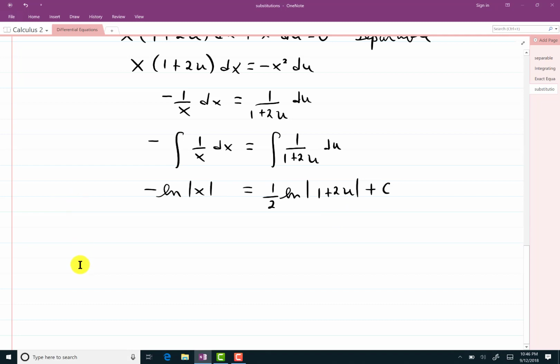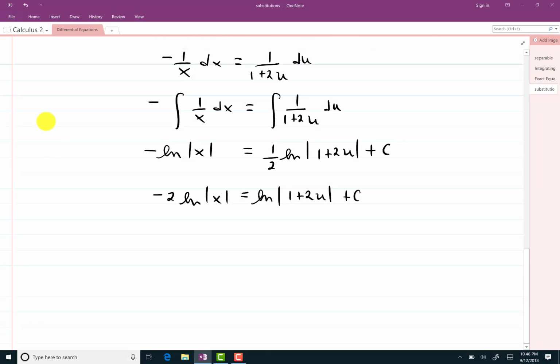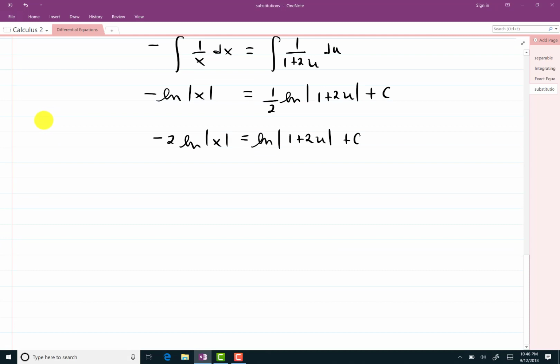Now I'm going to multiply through by 2. So I'll get negative 2 ln absolute value of x equals ln 1 plus 2u plus c. And I think if you were to try to solve this in the most compact form, what you might do next is the following.